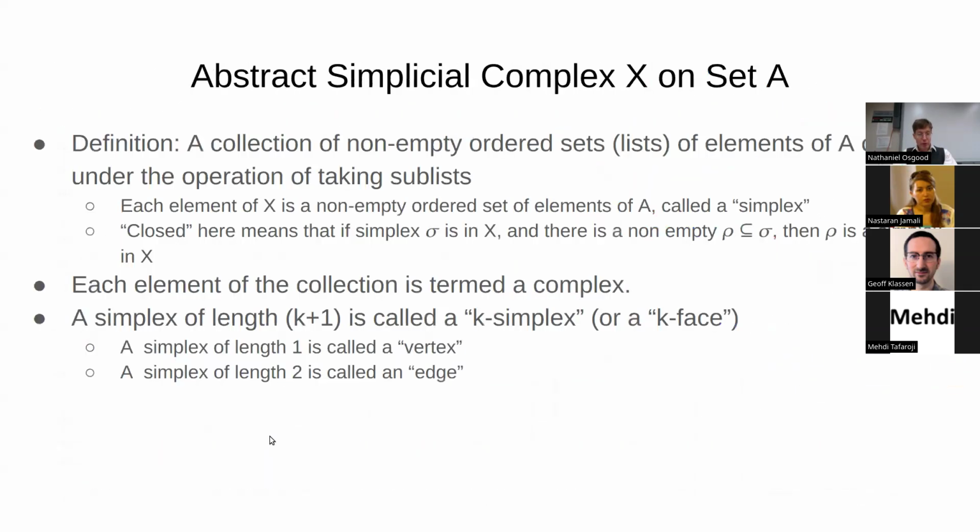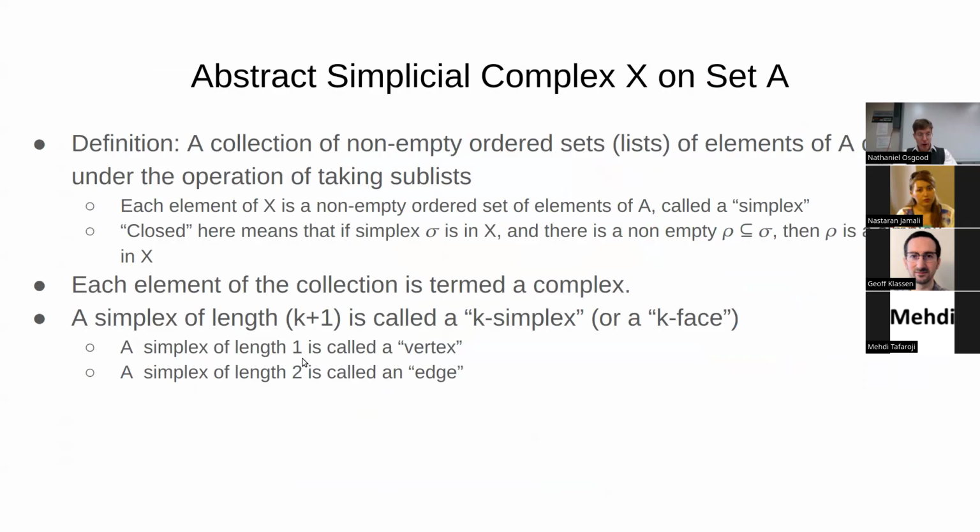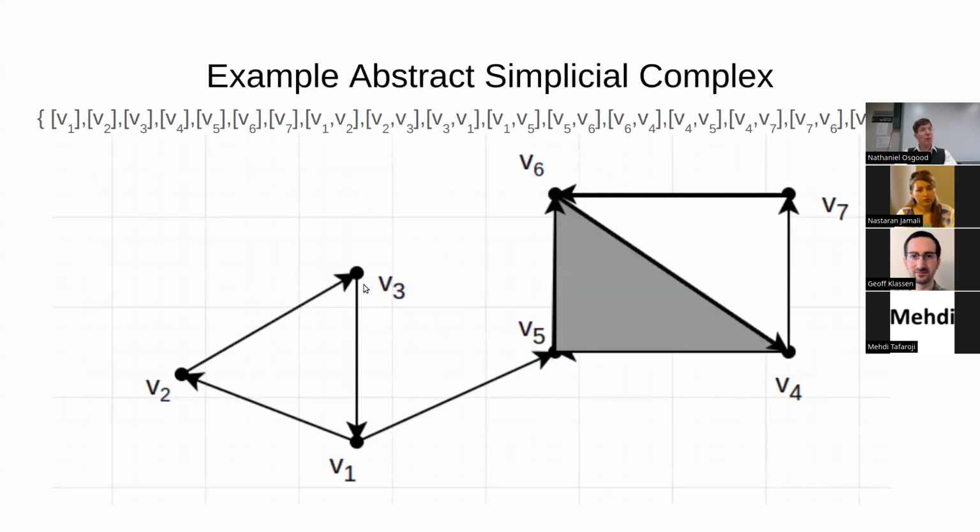So something of length 1 is called a vertex. Something of length 2 is called an edge. So if you think how many points or vertices are involved in it, that will give you the lengths of it. But a simplex of length 1 called a vertex is called a zero simplex because it's kind of zero dimensional. So there's one vertex, it's of length 1, but it's a zero simplex.